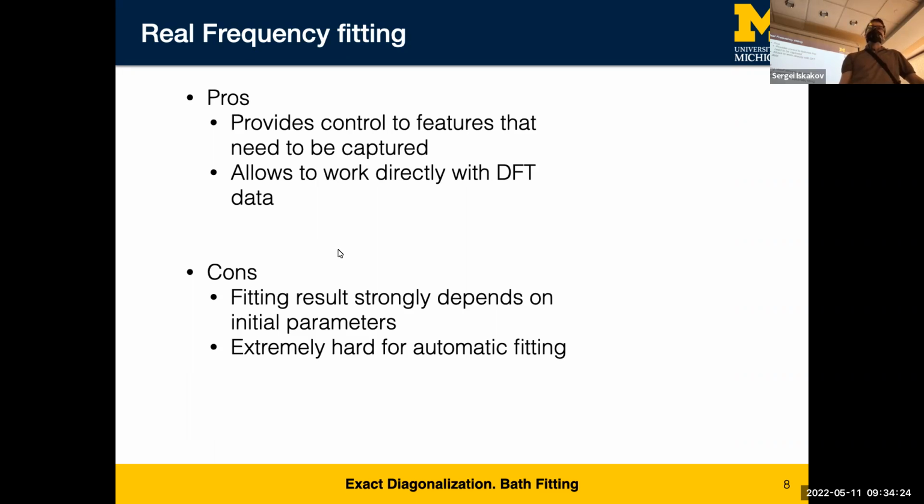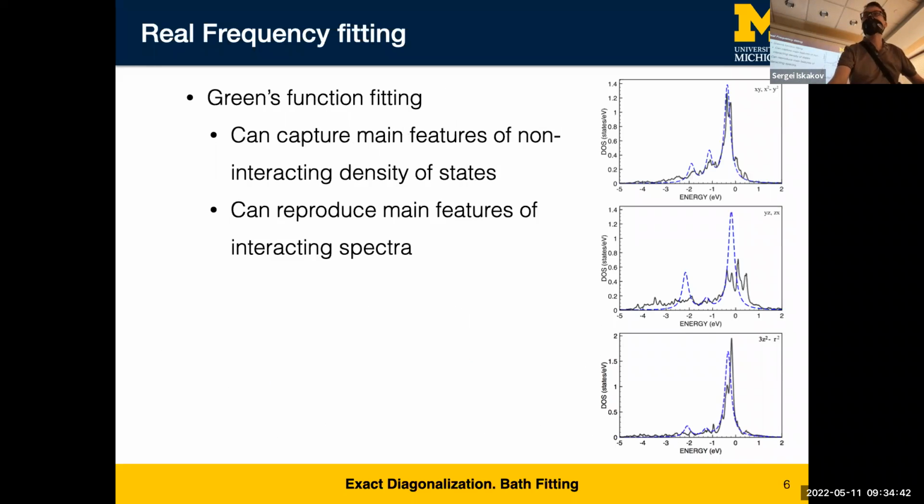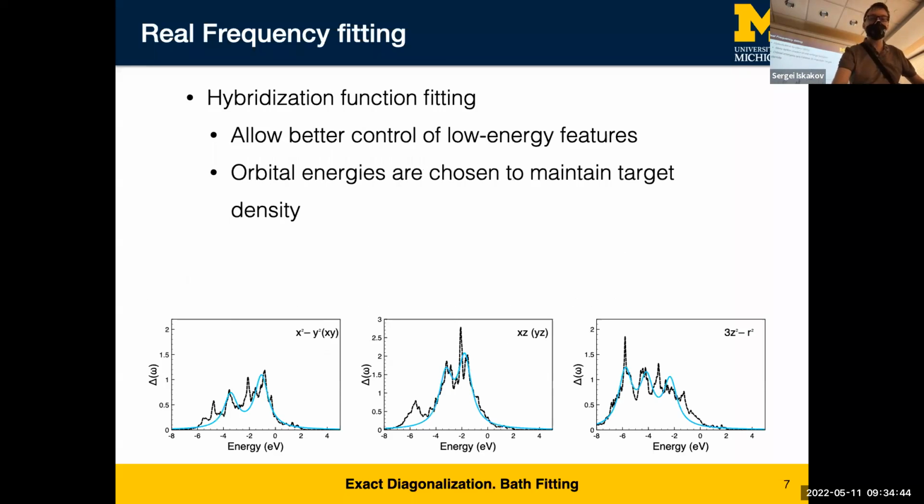Also, if you have DFT data, it works better because DFT usually does not give you the Matsubara data. But the problem is that you have a lot of sharp features here, and even if you choose the position of your peak more or less precisely, because of the sharp feature you can get into local minima, and the rest of the stuff will start to fluctuate.